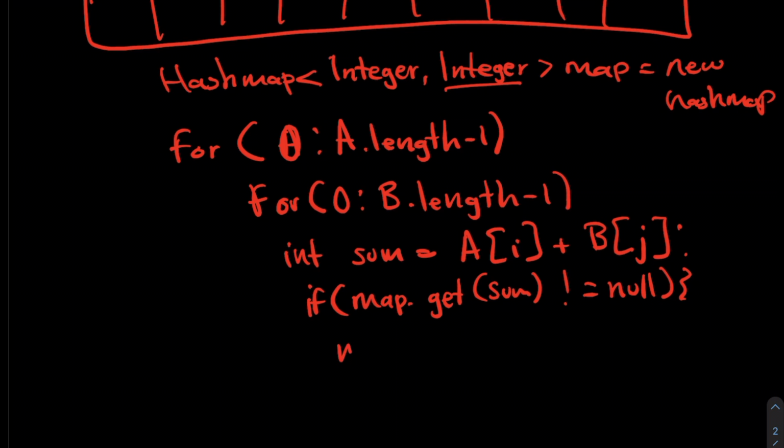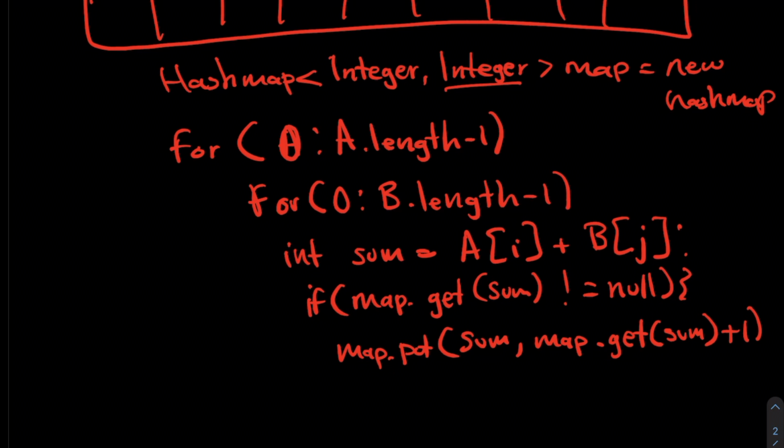So we're going to do map.put(sum, map.get(sum) + 1), right? And the other case is that we've never seen this value before. That one's pretty simple: we just put the value there.